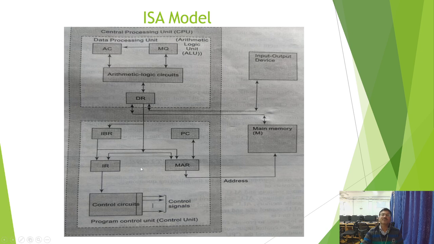The second portion is the control unit, which controls the execution of every instruction, and there is an interface between main memory as well as input output devices. All the devices attached to the computer system are displayed with the help of arrow-headed lines. The data paths also display how the data is transmitted from one component to another.